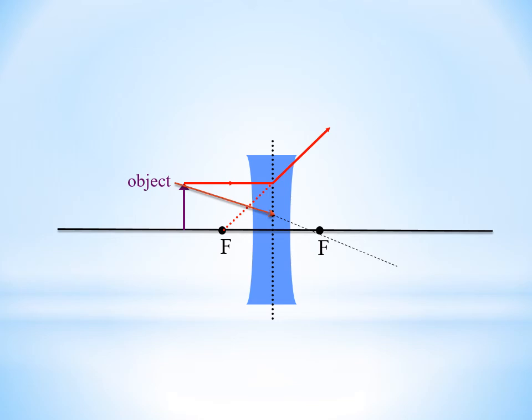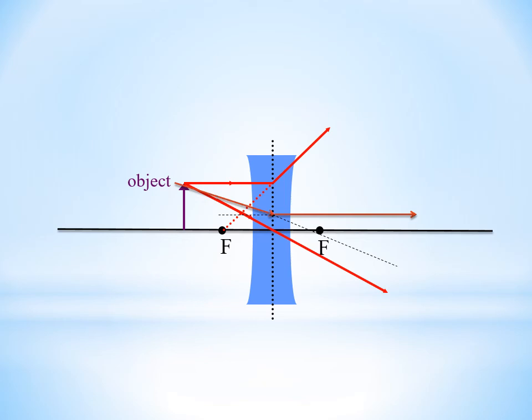This ray will refract parallel to the principal axis, and the extension of the refracted ray should be drawn. Third ray, which is the central ray. This ray starts from the head of the object, from the same point as the first ray and second ray. This ray will pass through the center of the lens, and this ray does not refract. So the third ray passes through the center of the lens.